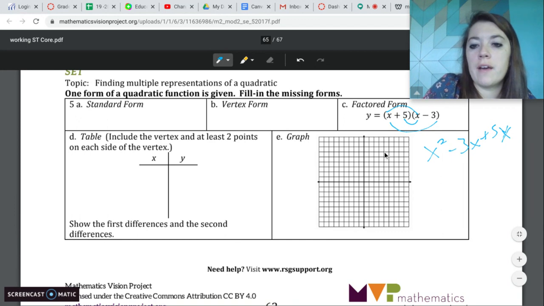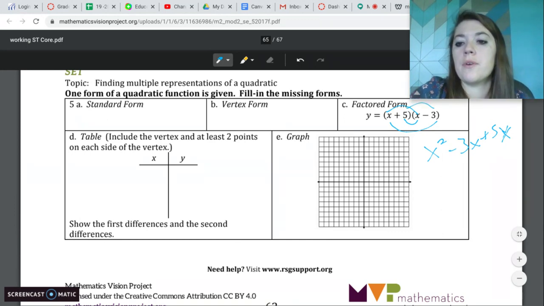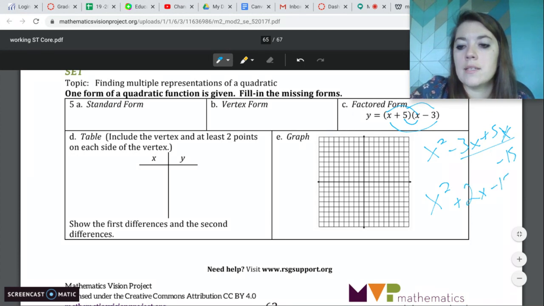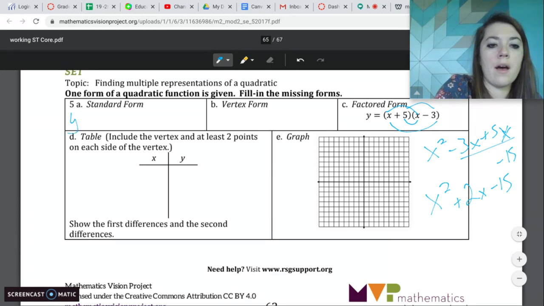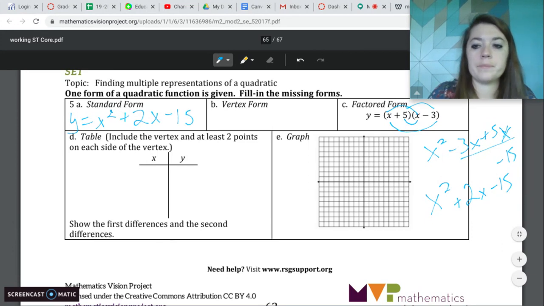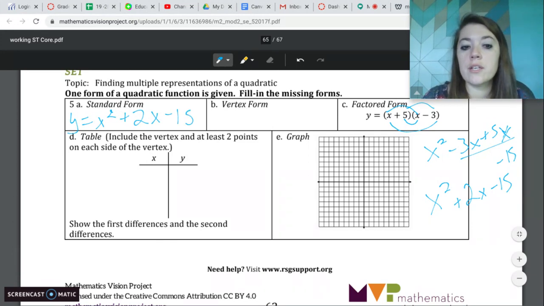And then we do 5 times negative 3 to get minus 15. We combine like terms. So we have x squared, negative 3 plus 5 is going to give us a positive 2x, minus 15. So our standard form is y equals x squared plus 2x minus 15. So that's our standard form.